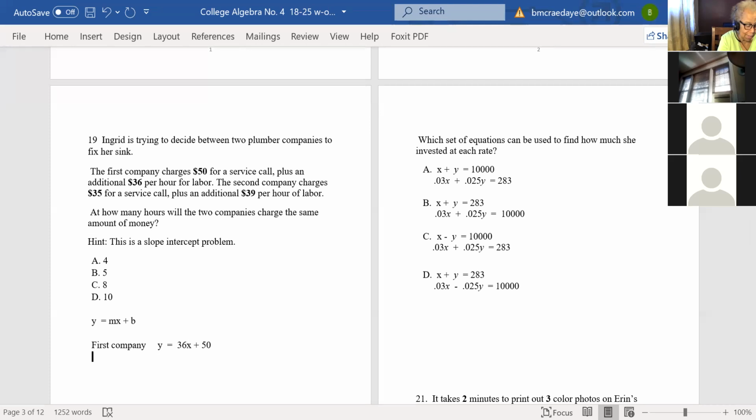Now let's go to the second company. What did the second company look like, Chastity?